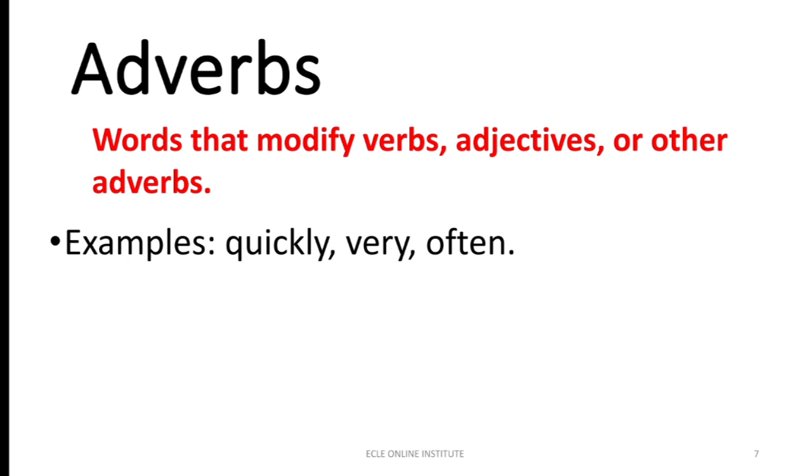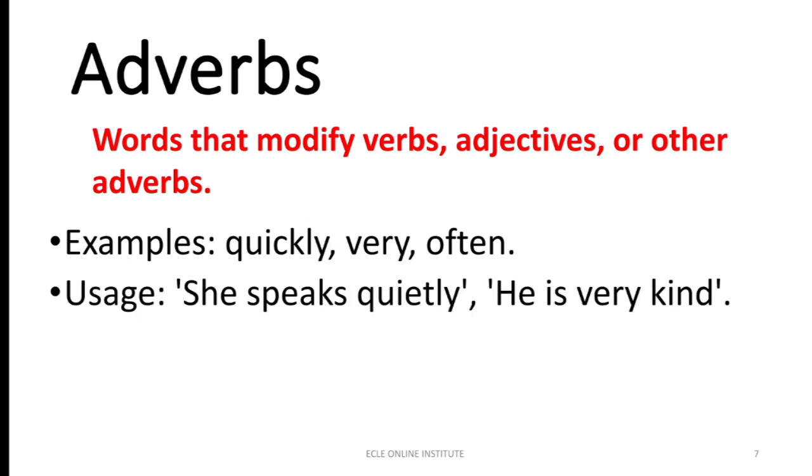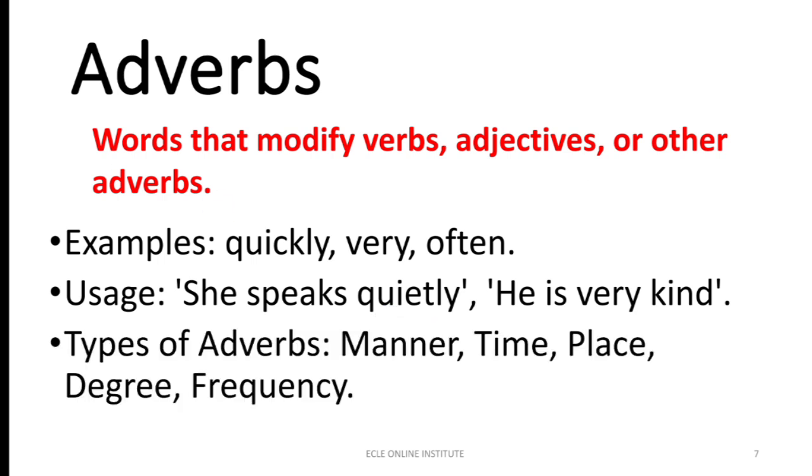For example, she speaks quietly. He is very kind. So here very is an adverb. Quietly is an adverb. Types of adverbs are manner, time, place, degree, and frequency.